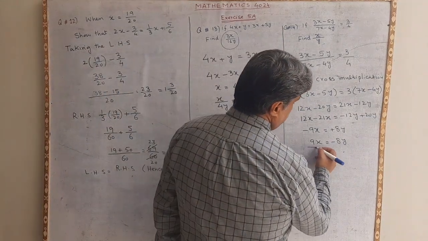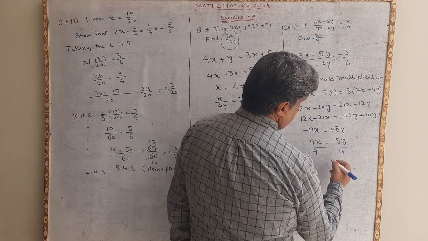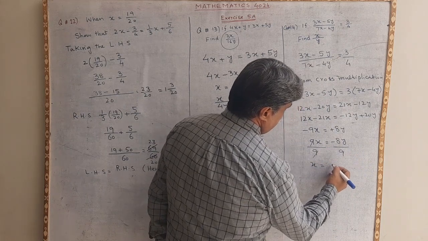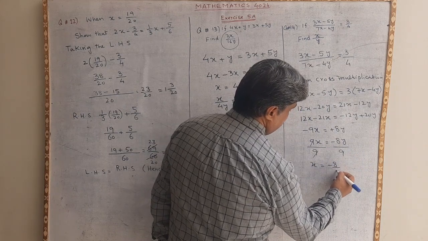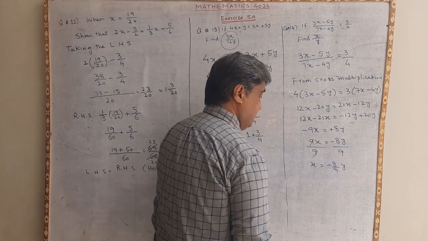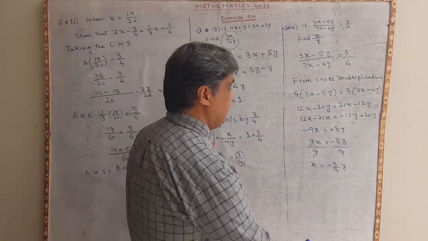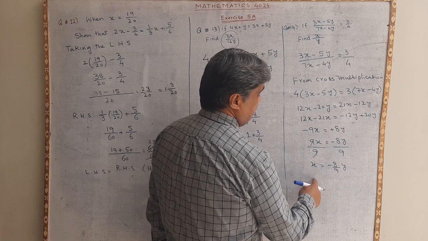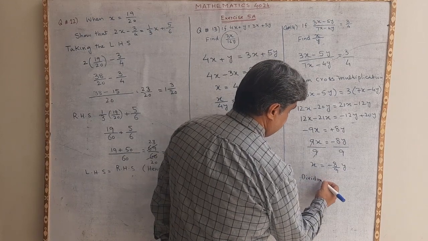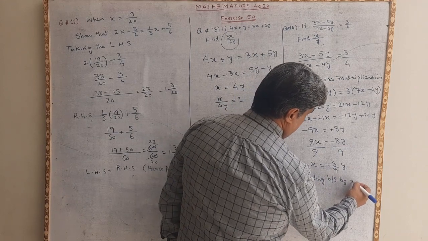Now dividing both sides by 9, this will give us x is equal to minus 8 divided by 9 and y. Now because we have to find the value of x divided by y, I have to shift this y. So I am dividing both sides by y.